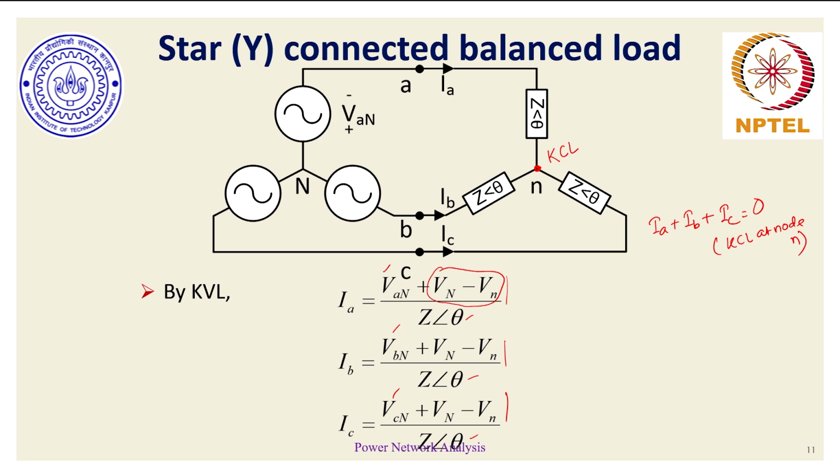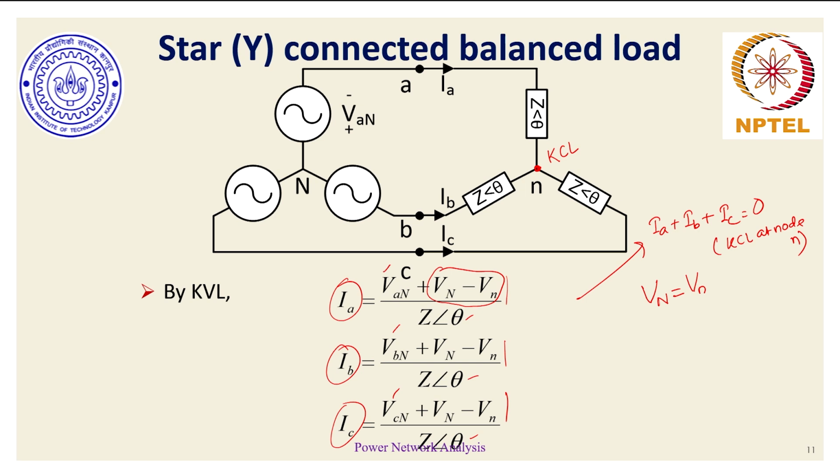So if I substitute these phase currents IA, IB, IC into this expression, the only possibility under which it can be true is when V of capital N minus V of small n is equal to 0, or in other words, the neutral voltages of source and load are equal to each other.